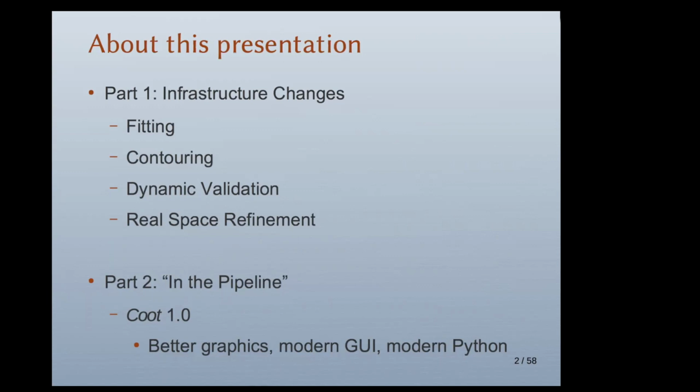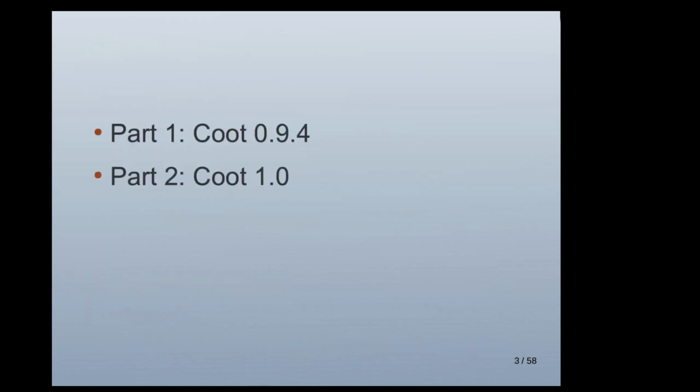What's new as a consequence of 0.9 is changes to the fitting, the contouring, and in particular real space refinement. In part 2, as in the pipeline work, is code that I'm writing routinely, probably for most of the last 2 years, and that's in GitHub, and it is what will become Coot 1.0.